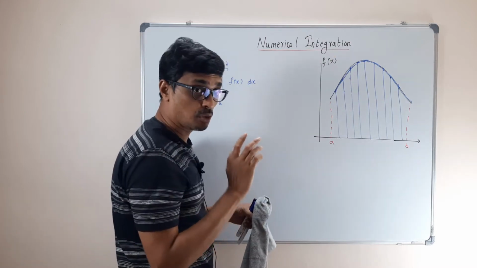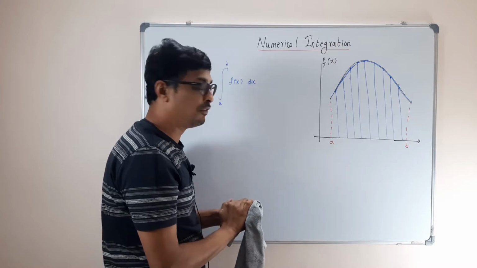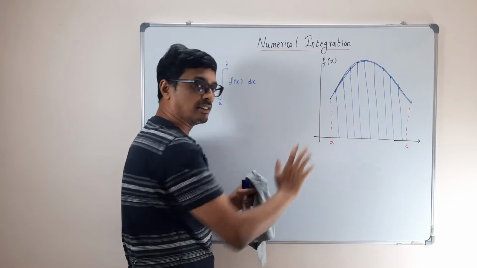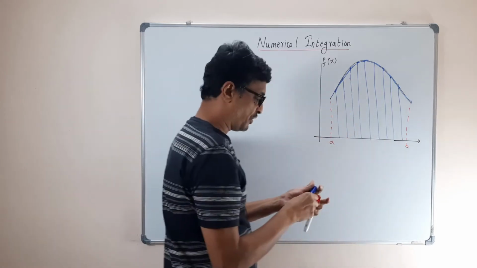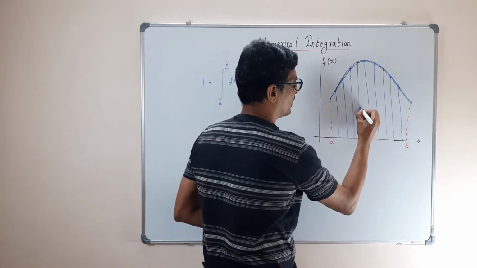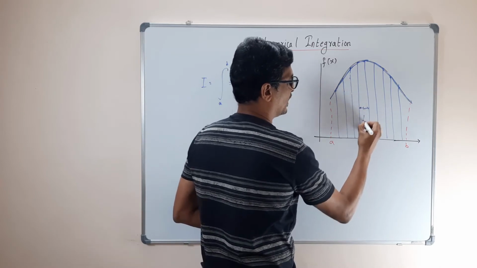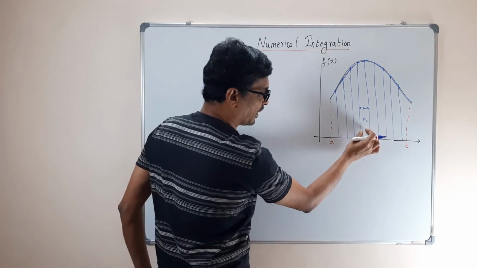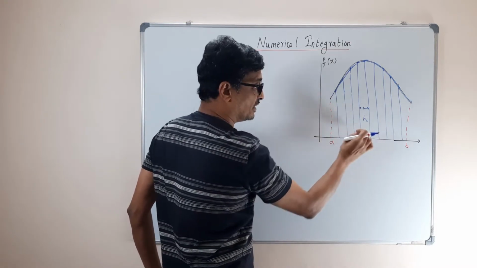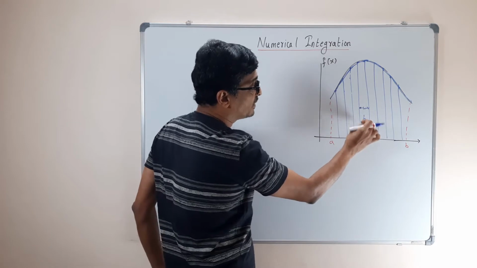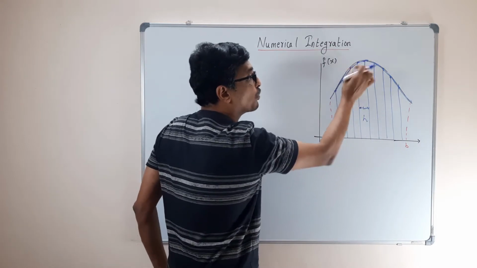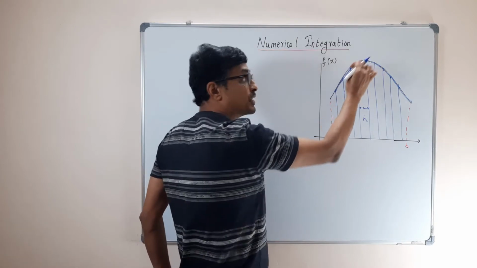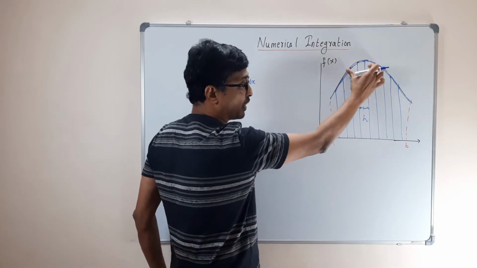So if I ask what the accuracy of this integration depends upon, first of all it is the interval width. If I call h the interval width, whether I make it a very narrow width or a larger width is going to decide. If I make a narrower width, then my interpolating polynomial covers only a small region of the integrand and may express it better than when I take a larger region.